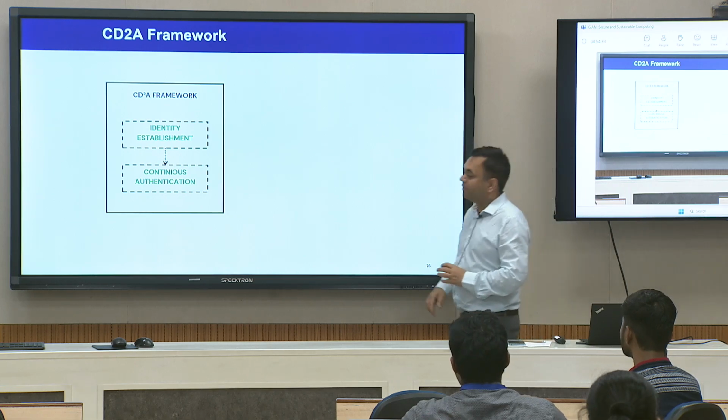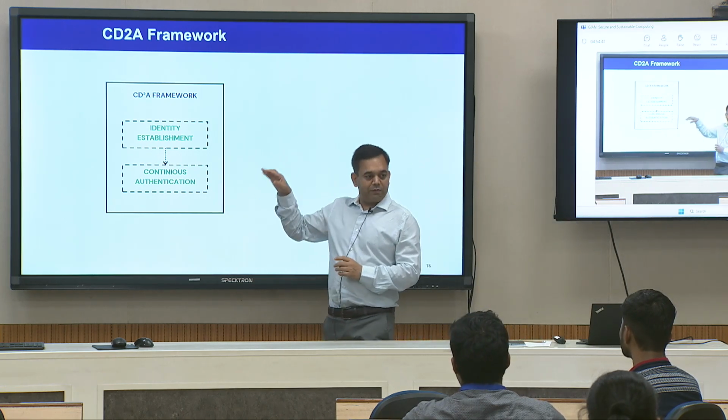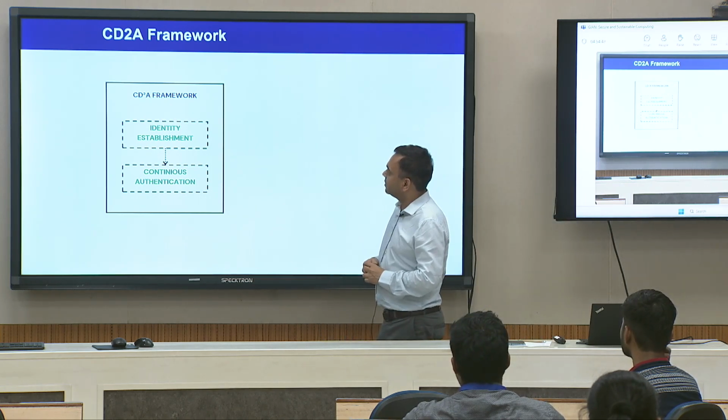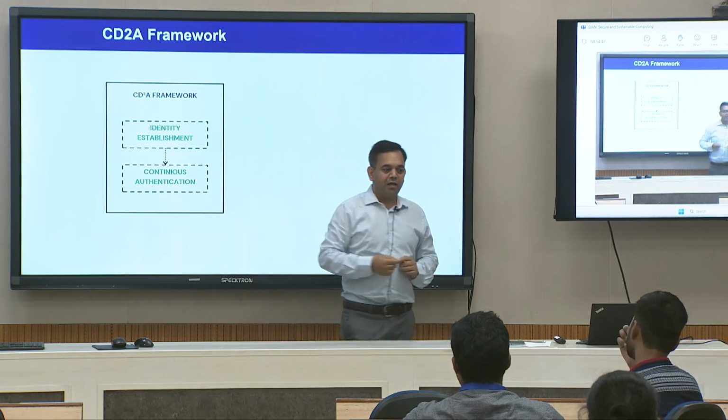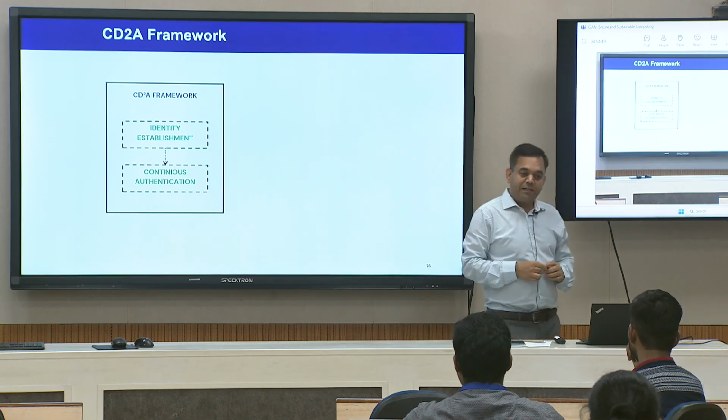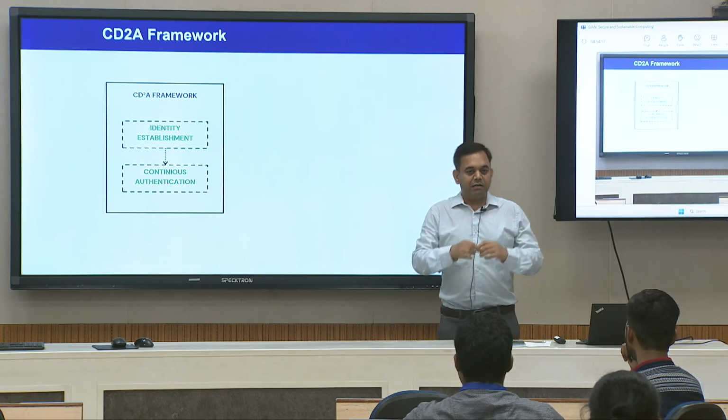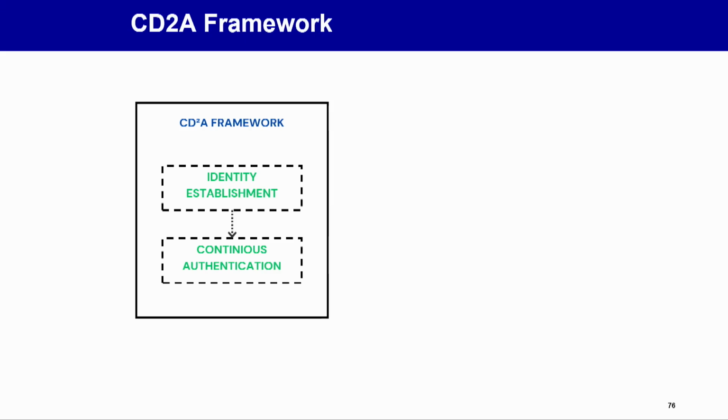So this is the high level overview of the continuous device to device authentication framework. It has basically two steps. One is identity establishment. Let's say there is a network and a device wants to connect to the network.